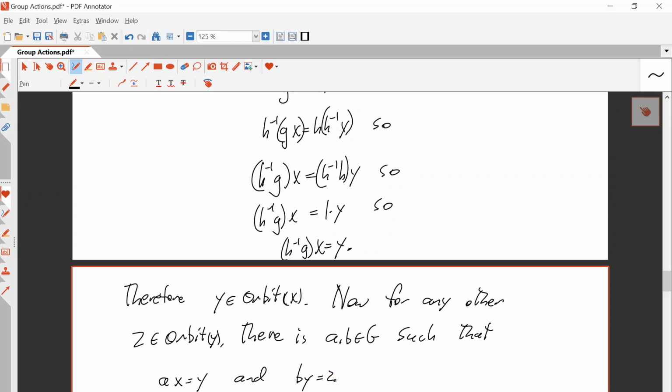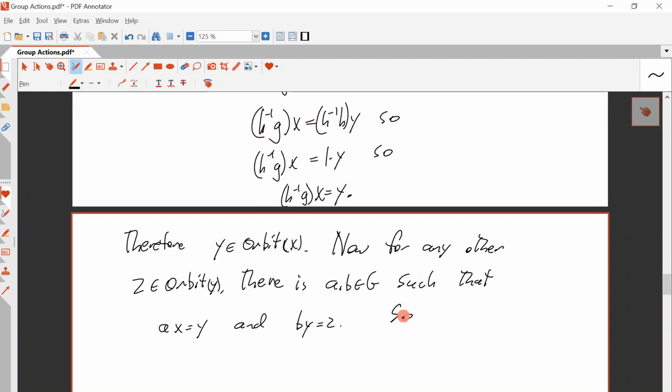Right? z is in orbit y, and y is in orbit x. So some group element, the action on x goes to y, and for some group element, the action on y goes to z.